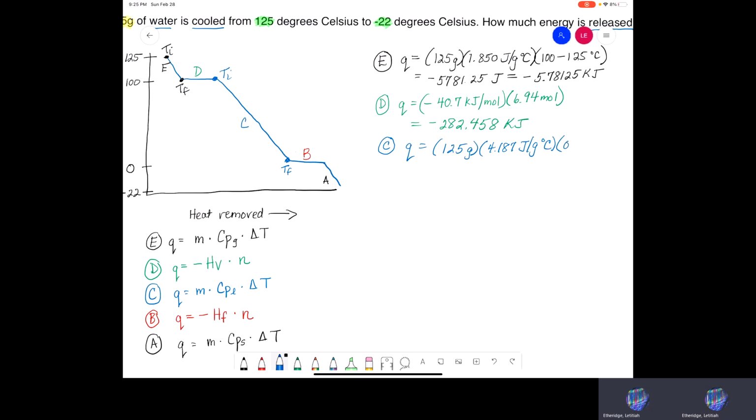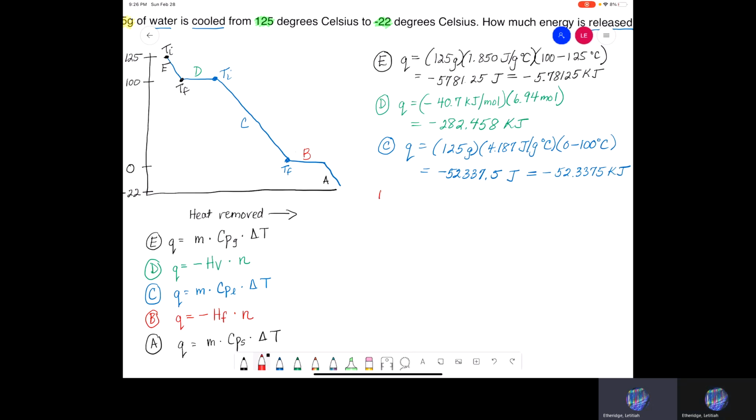So that is 0 minus 100 degrees Celsius. 125 times 4.87 times negative 100. We end up with minus 52337.5. That unit is joules. Convert to kilojoules. Minus 52.3375 kilojoules. We're almost there, y'all.